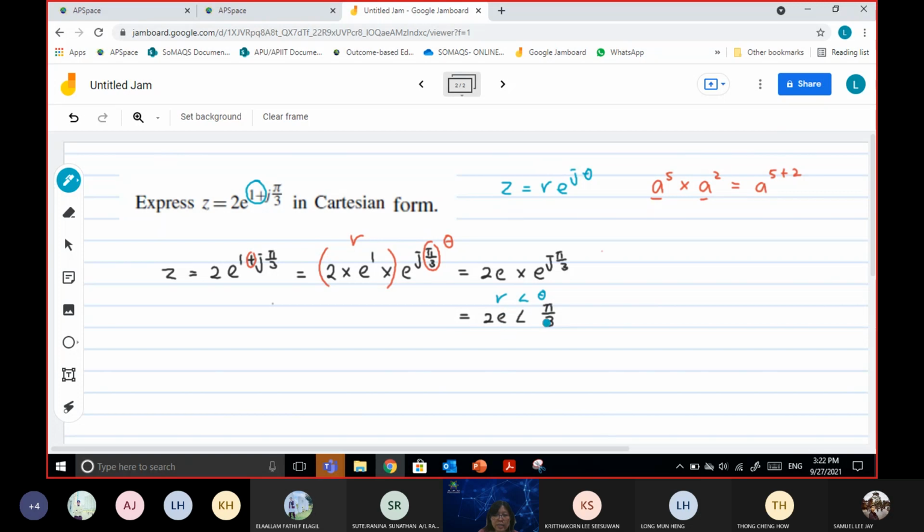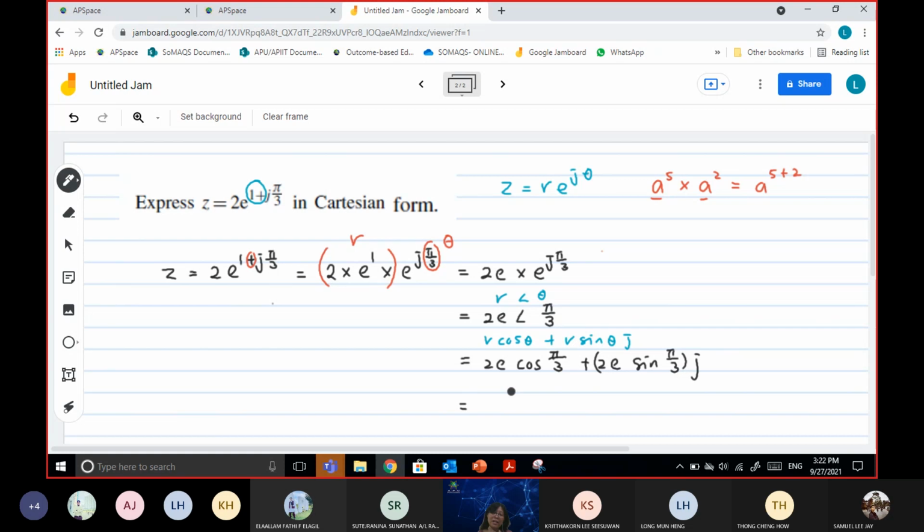So r is 2e, and theta is pi over 3. Then you can find r cos theta plus r sine theta j. That means 2e cos pi over 3 plus 2e sine pi over 3 j.